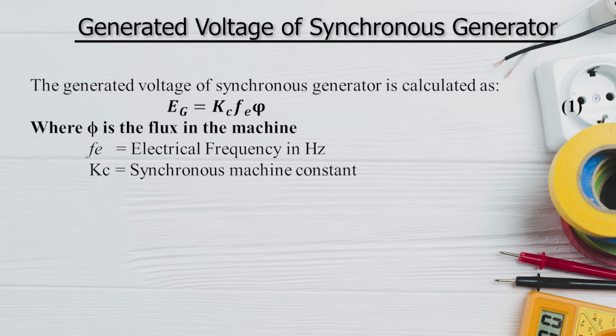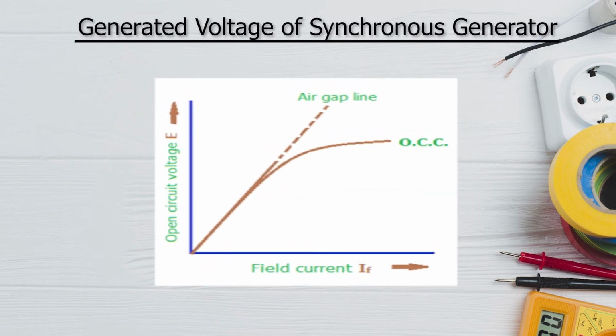Fe is the electrical frequency in hertz, whereas phi is the flux in machine. Now, since the material of the rotor and stator is steel, you will observe some kind of saturation there. Normally, the shape of the air gap flux is a straight line, which we have shown in this diagram by dotted lines.